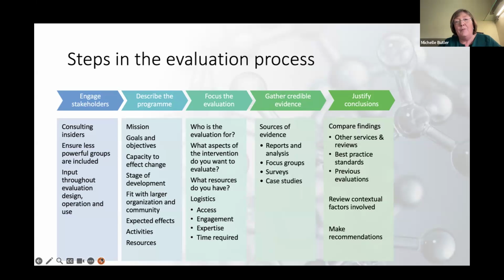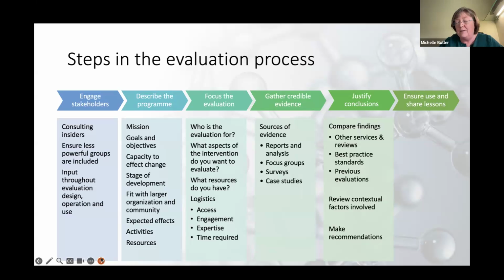And also then you might want to make recommendations, and commendations as well, of course, we mustn't forget about that. And then finally, the final part of it is to ensure use and share lessons. So of course, we want to include the right stakeholders, and we want to include them throughout. Hopefully they take ownership of this, and they find there's some useful information that they can implement themselves.